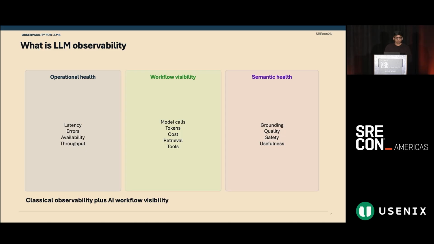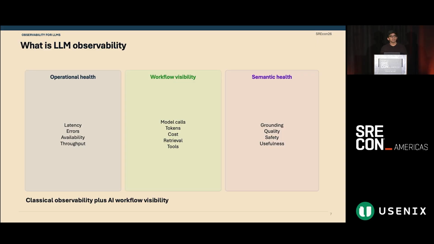So what is LLM observability? I like to define it as classical observability plus AI workflow visibility. So we still monitor the traditional metrics like latency, errors, availability, throughput, but we also monitor additional metrics such as model calls, token usage, cost, retrievals, tool calls, and also semantic health metrics like quality signals, safety checks, grounding score, and usefulness through user feedback.